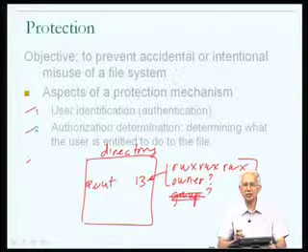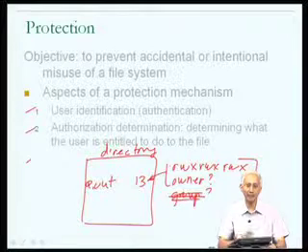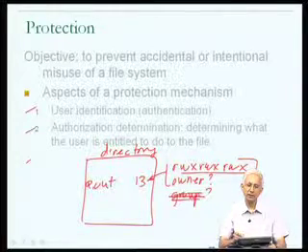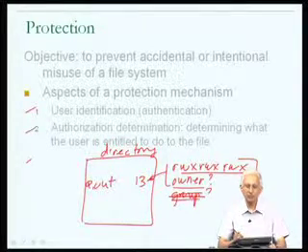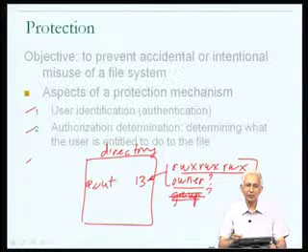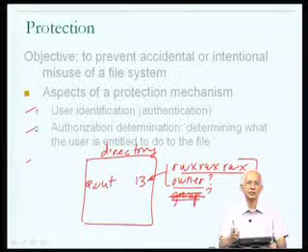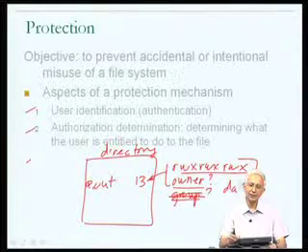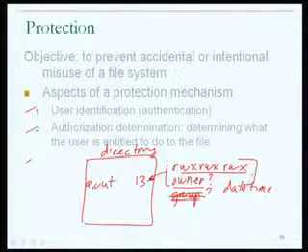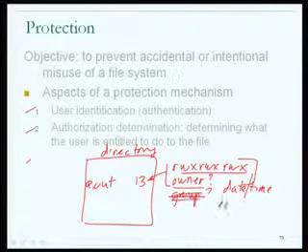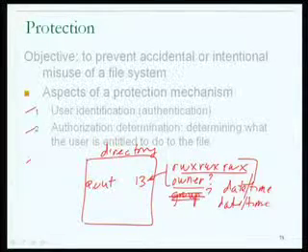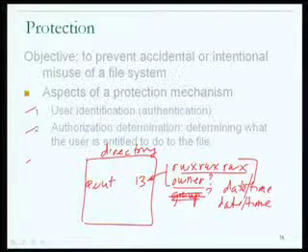So the index node, in addition to containing the index corresponding to the file, will also contain other information, conceivably the read, write, execute permission bits on the file, as well as information about who the owner of the file is. And there could be other pieces of information, such as the date and time on which the file was created, the date and time at which the file was last modified, and various other information that might be relevant as far as a file is concerned.